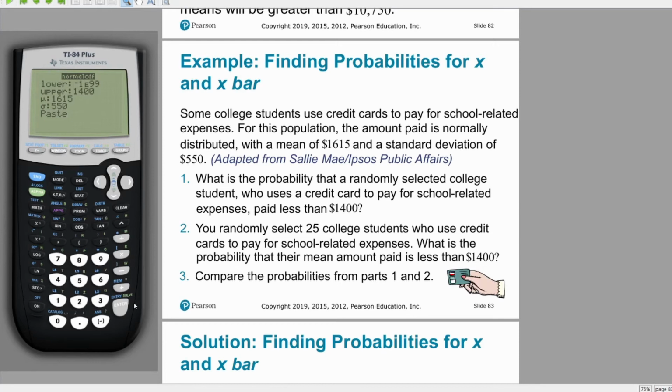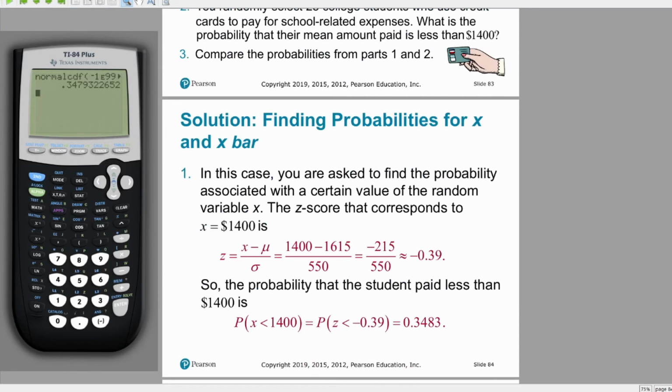And remember, here we're talking about a specific value, so we do just get mu and sigma instead of the sub x bar jargon that we have normally for this section. But we run that, and we're going to get a value here of, again, up to some rounding, about 0.348.